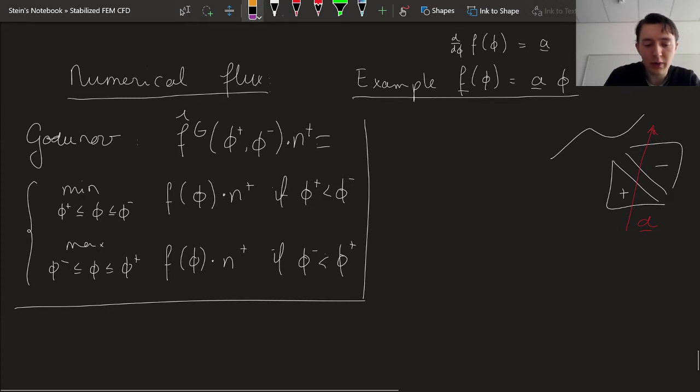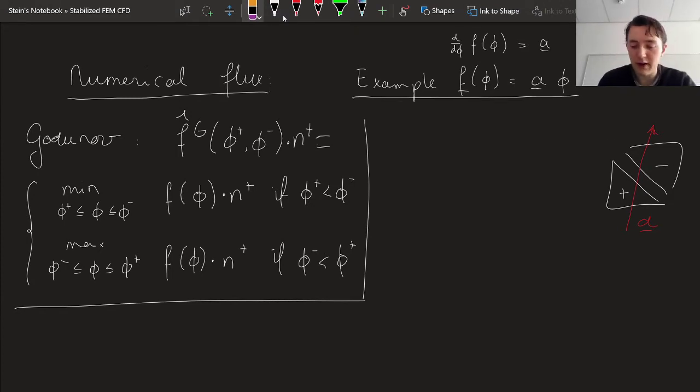So I'm going to start with, well, the top one here, so that would be that we have a larger value in the downwind direction. So something like this. So then phi plus is going to be smaller than phi minus.